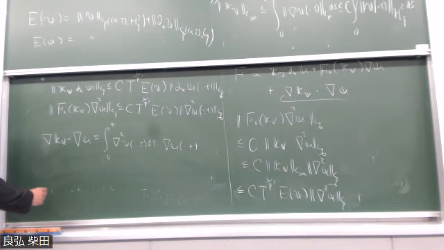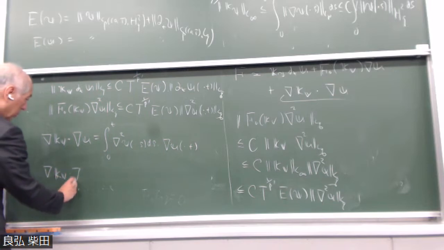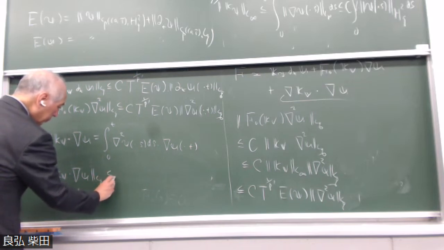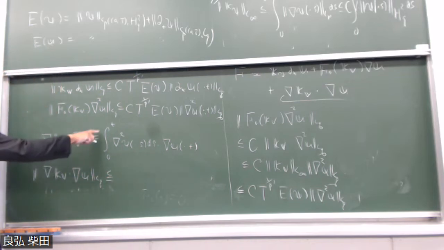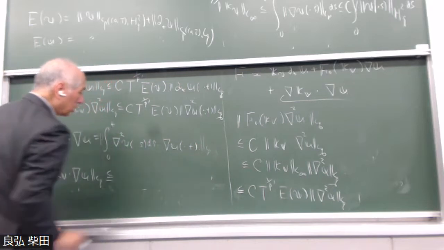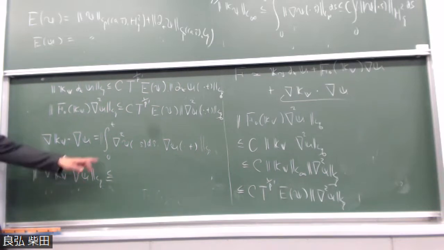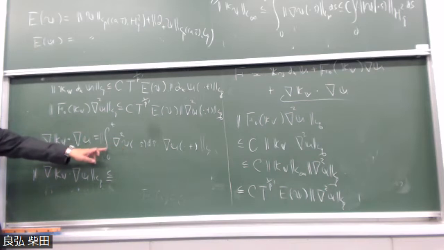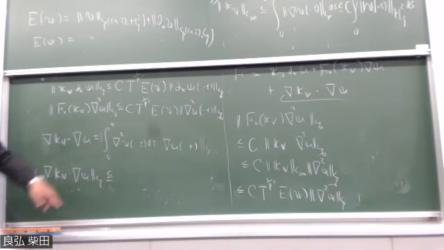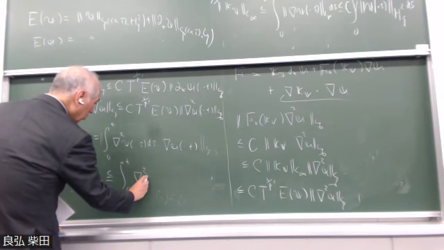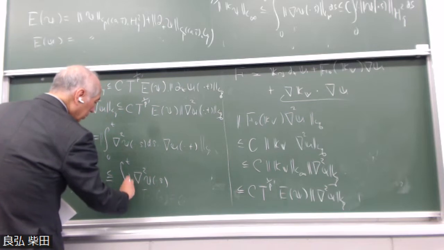Therefore, now we take the LQ norm of this one. But in this case, you have the second derivative of b. Therefore, you have to use the LQ norm of this one. Therefore, 0t, the second derivative of b is the LQ norm.